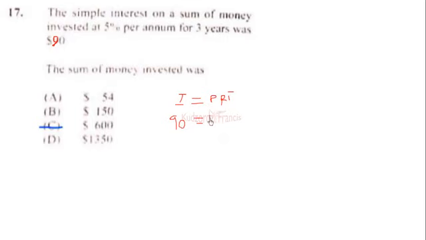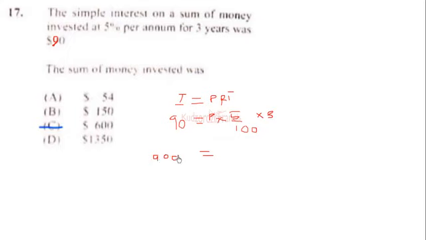Then we don't know the principal, so we keep it. The rate is 5%, so 5 out of 100. Then we also have the time, which is 3 years, so times 3. So this will give you, let's multiply this by 100, then we get 9,000.